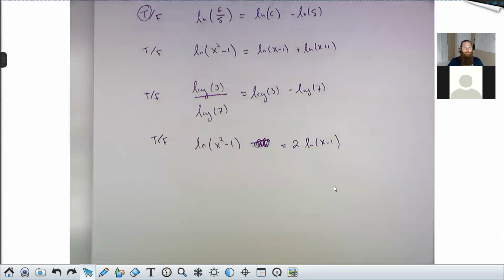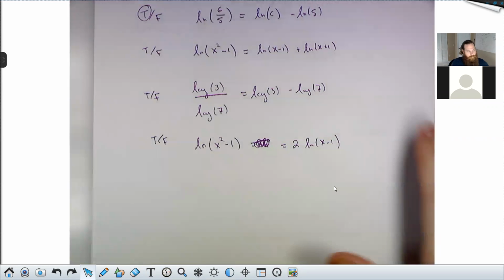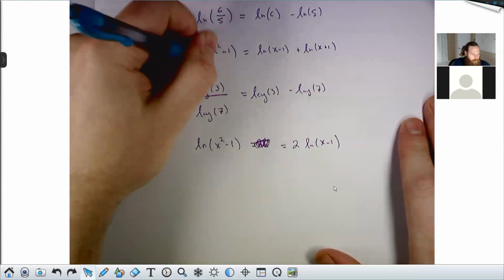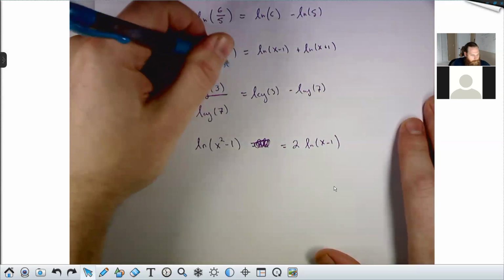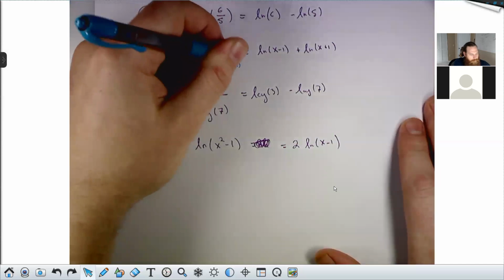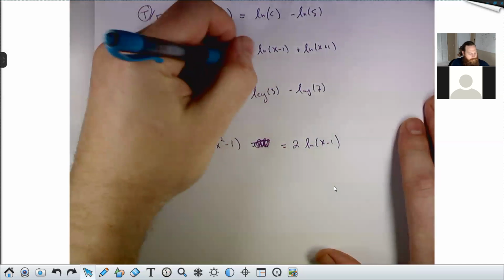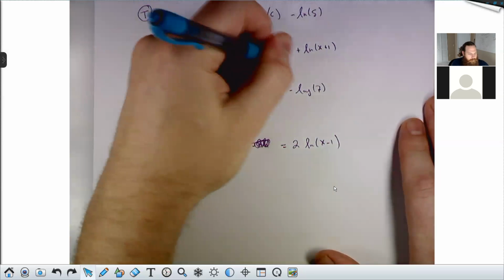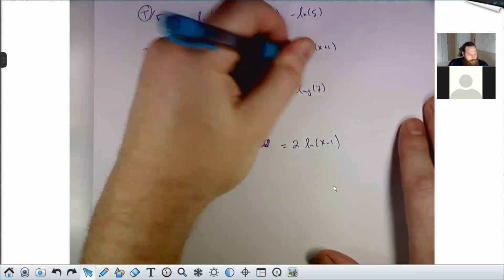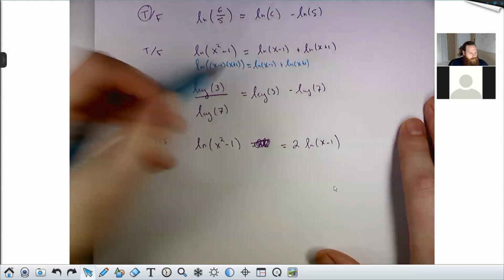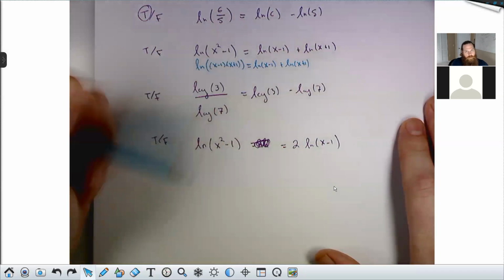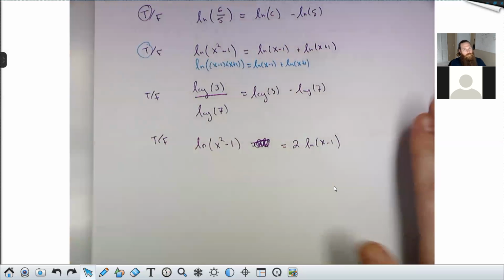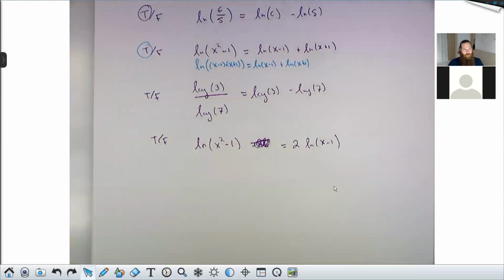I'm leaning towards, I don't know, I feel like he's also true. False. Oh, factor the inside: it is x minus 1 times x plus 1. So that is indeed equal to the natural log of x minus 1 plus the natural log of x plus 1. This multiplication inside the log turns into addition outside the log. So yeah, the first two are true. What about the third guy?